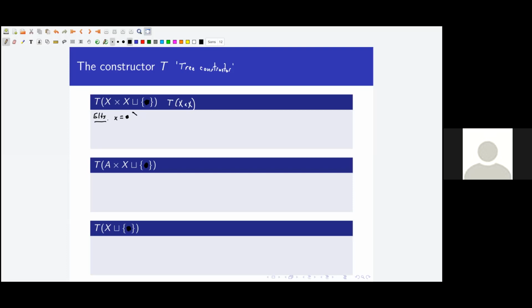Or you could look at this side of the disjoint union, which we'll signify with a white circle. Then X is either, in this case, a dot, or in this case, an ordered pair. So, yeah, that's all the elements. And there's an ordering too. We'll get to that in a moment.